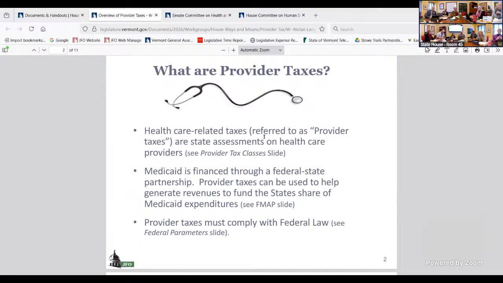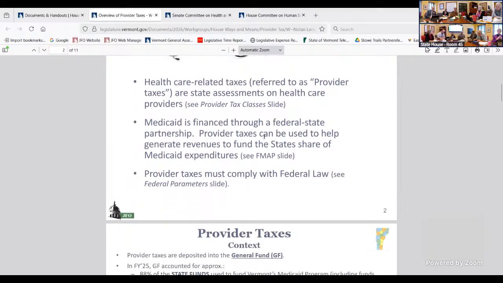As you know, Medicaid is financed as a state federal partnership. Provider taxes are used to help generate revenues to draw a state match to help pay for the Medicaid program. But they must comply with federal laws, and that's why Jen is here, because you'll have questions about the law.